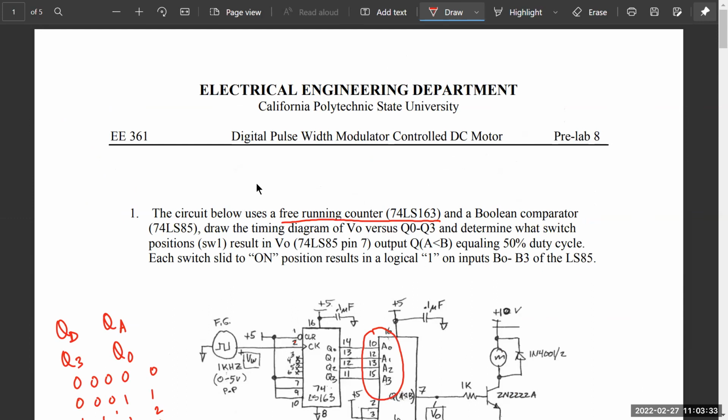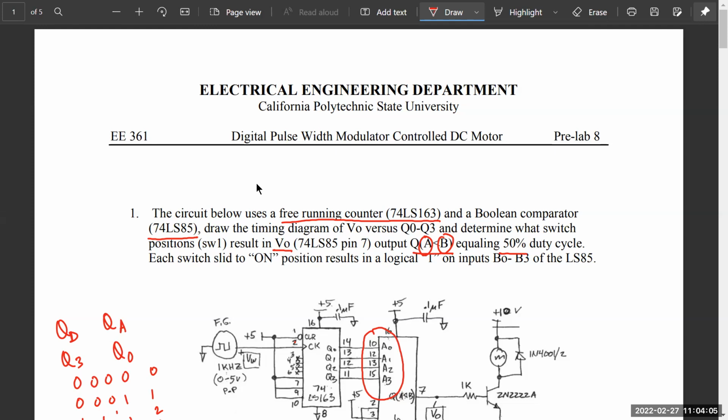The output of the comparator is set to detect A less than B, so the output of the comparator will go high whenever A is less than B. The condition is that we want to generate a 50% duty cycle.